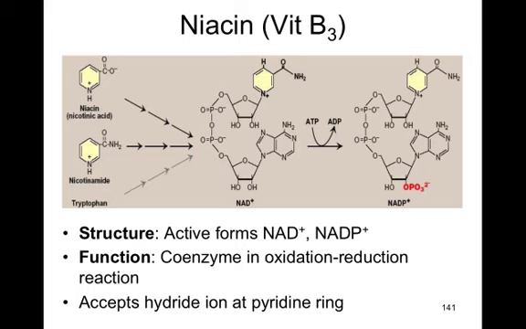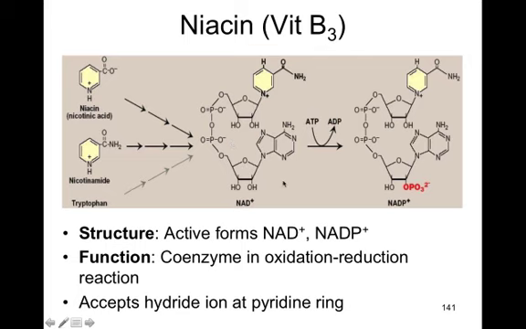More of that in nucleotide metabolism, but I thought I would just point it out. So to make it a nucleotide, you need three things. You need the base, you need the sugar, you need the phosphate. So here you have nicotinamide nucleotide, you have adenine nucleotide, making it nicotinamide adenine dinucleotide.